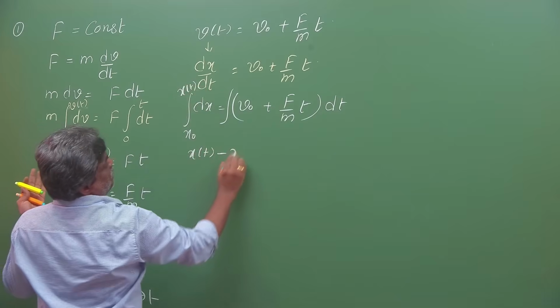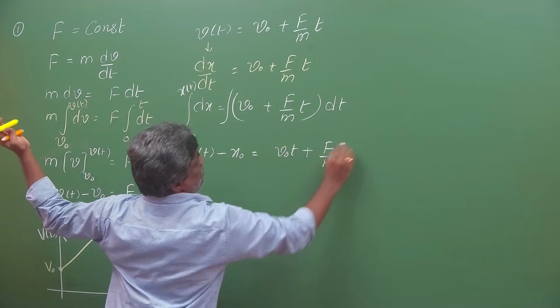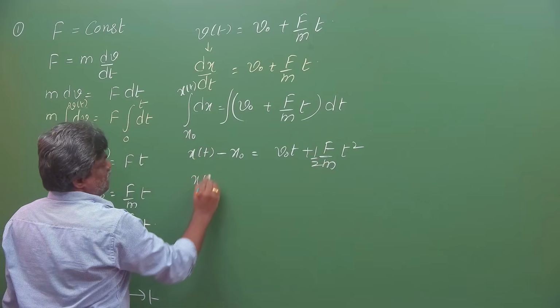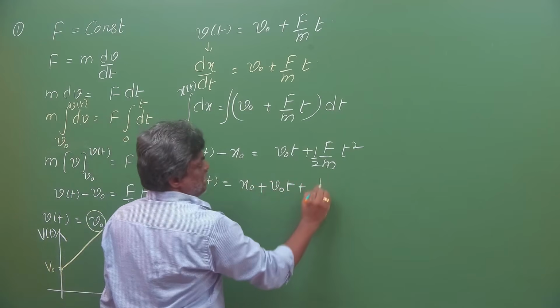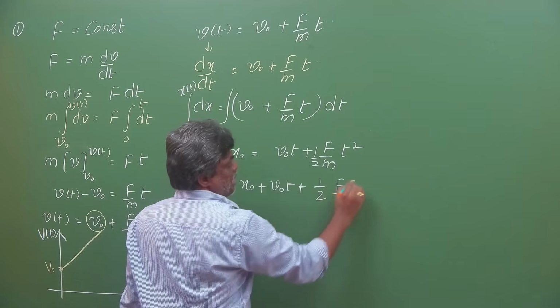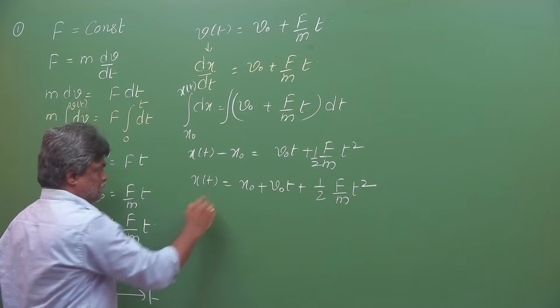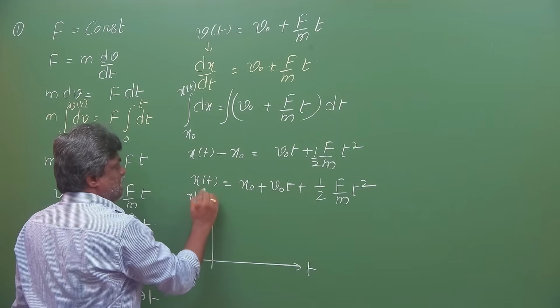So x of t equal to x naught plus v naught t plus a half F by m t square. If anybody asks to draw the graph, this is the time and this is x of t.